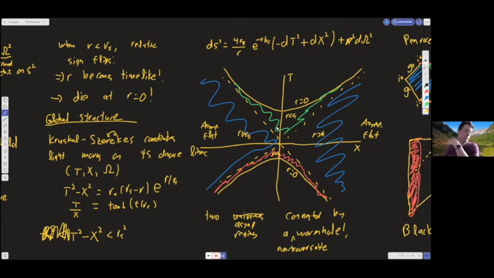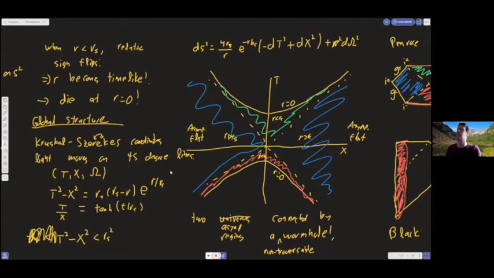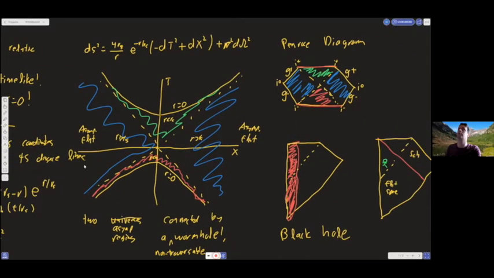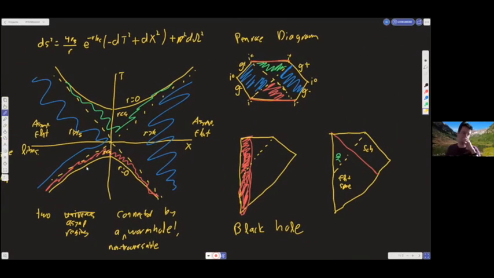Right. And just one more thing in the Kruskal diagram. Yeah. In the part where you have drawn it for the purpose of astrophysics, how did you delete this part in the third quadrant?